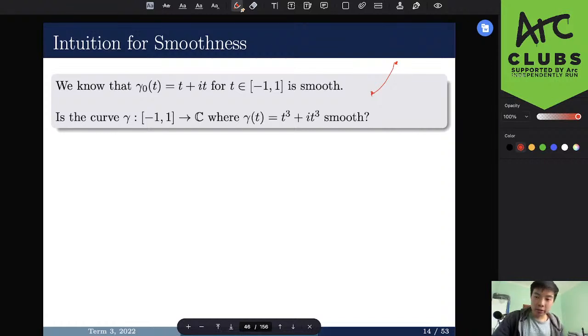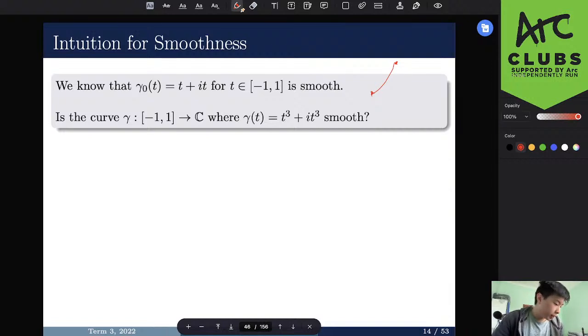So then we can also define a gamma of t, which is equal to t cubed plus i times t cubed. So, is it smooth? First, what we can do is we can just sub in the points. So we know that it ranges from -1 to 1.